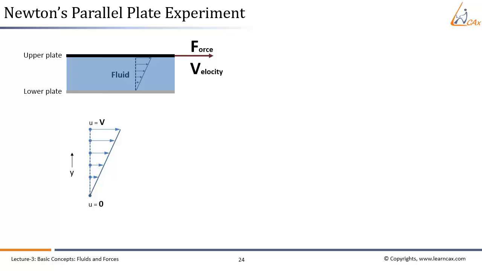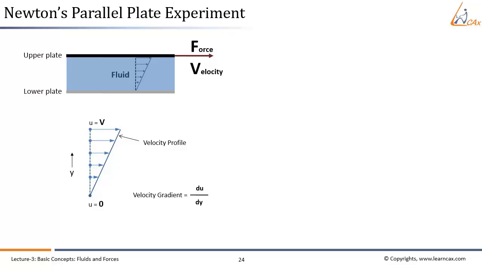The fluid in contact with the lower plate assumes the velocity of that plate, which is 0. In steady laminar flow, the fluid velocity between the plates varies linearly between 0 and v, and thus the velocity profile and the velocity gradient du by dy.